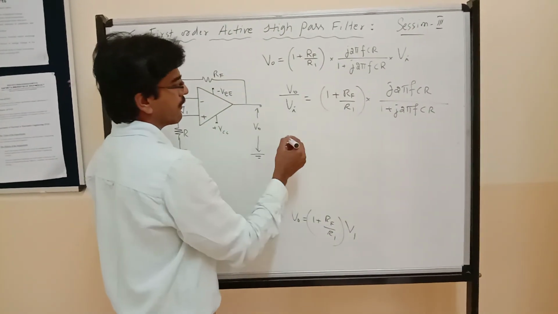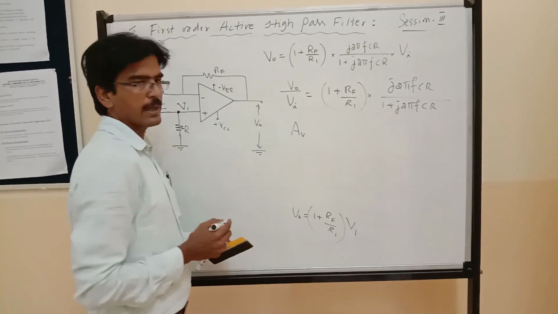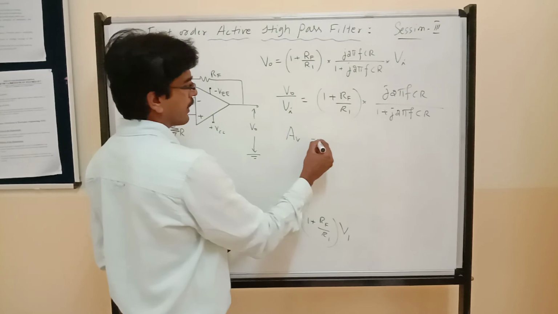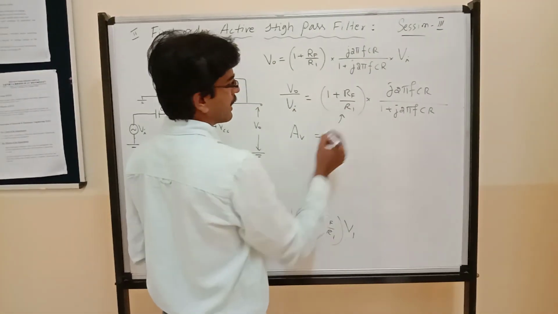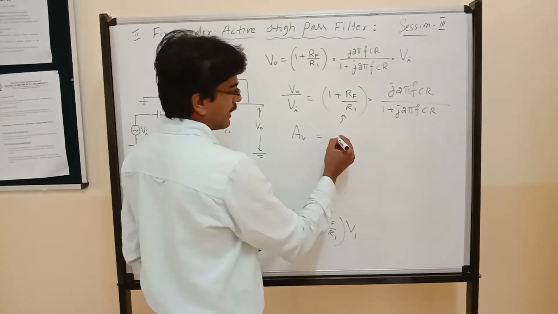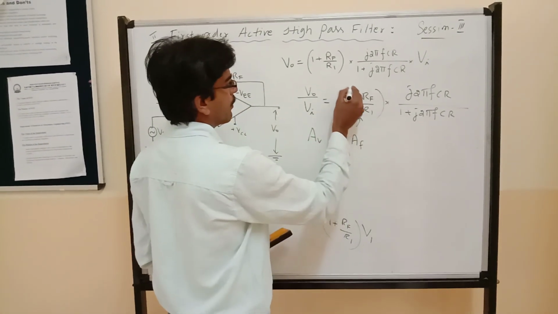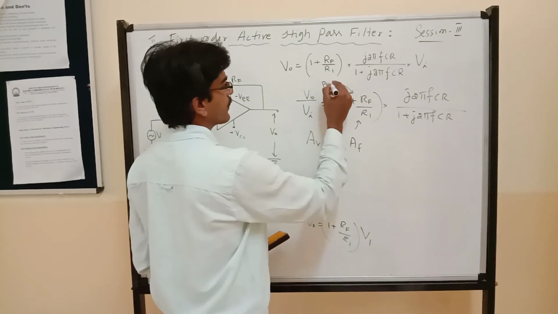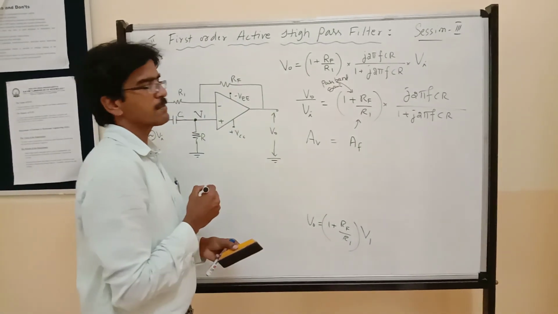So what is V0 by Vi? Gain. I take it as AF, closed loop gain of the circuit, is equal to V0 by Vi, voltage gain. So 1 plus RF by R1, we call it as AF, and this is called pass band gain.